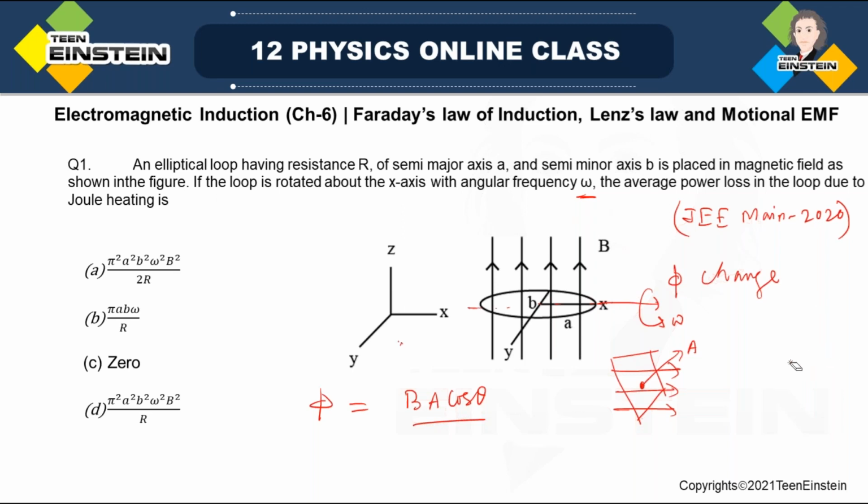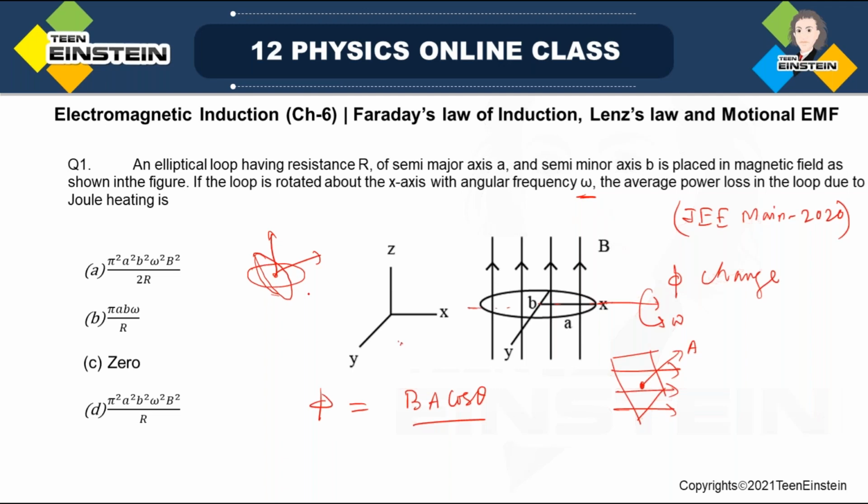Anyway, when the loop is rotated, sometimes the loop will be like this, now it is like this, but sometimes it will be like this. Since it is rotated, earlier the normal was here, now the normal will be here.